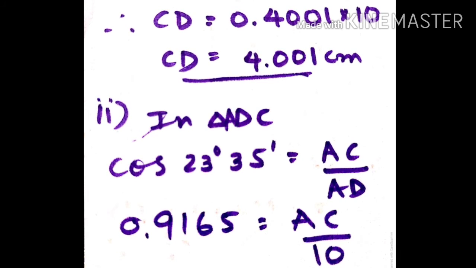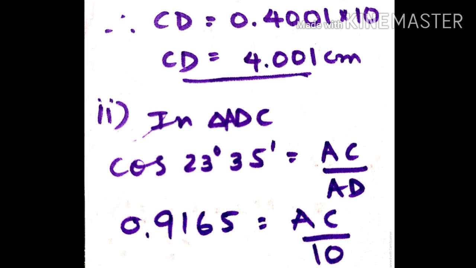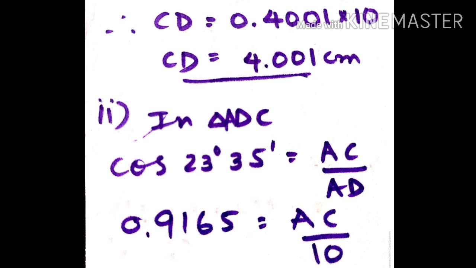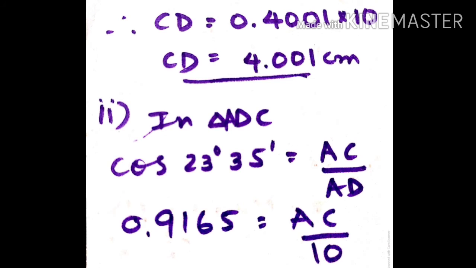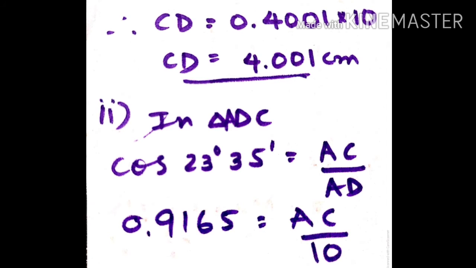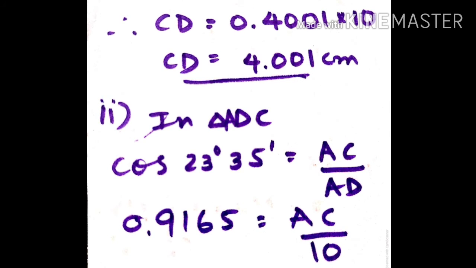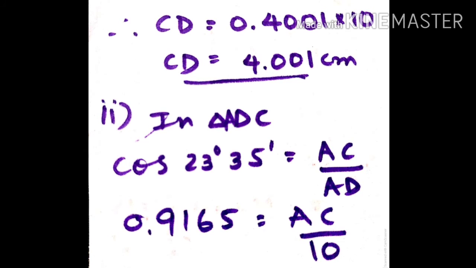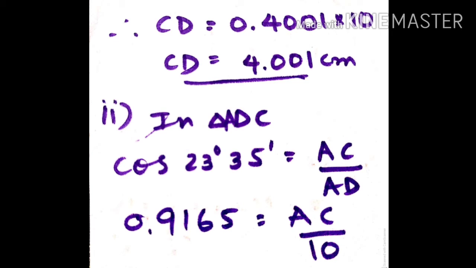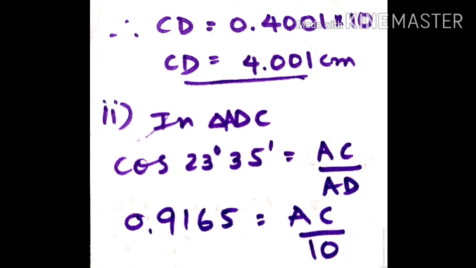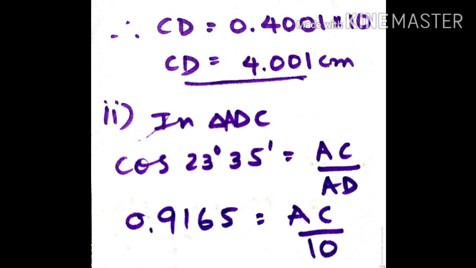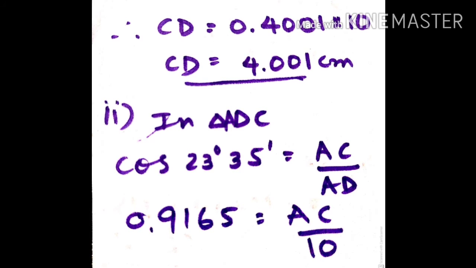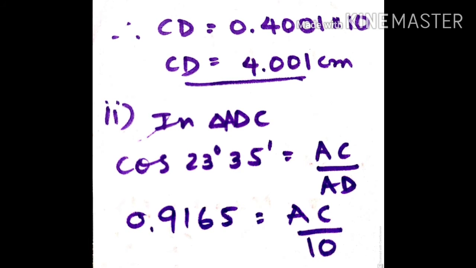Cos means adjacent upon hypotenuse. So the side adjacent to this angle is AC, the whole side AC, and upon the hypotenuse AD. So now again I will substitute the value of cos 23 degree and 35 minute from our natural cosine table: 0.9165 is equal to AC upon AD, hypotenuse 10.